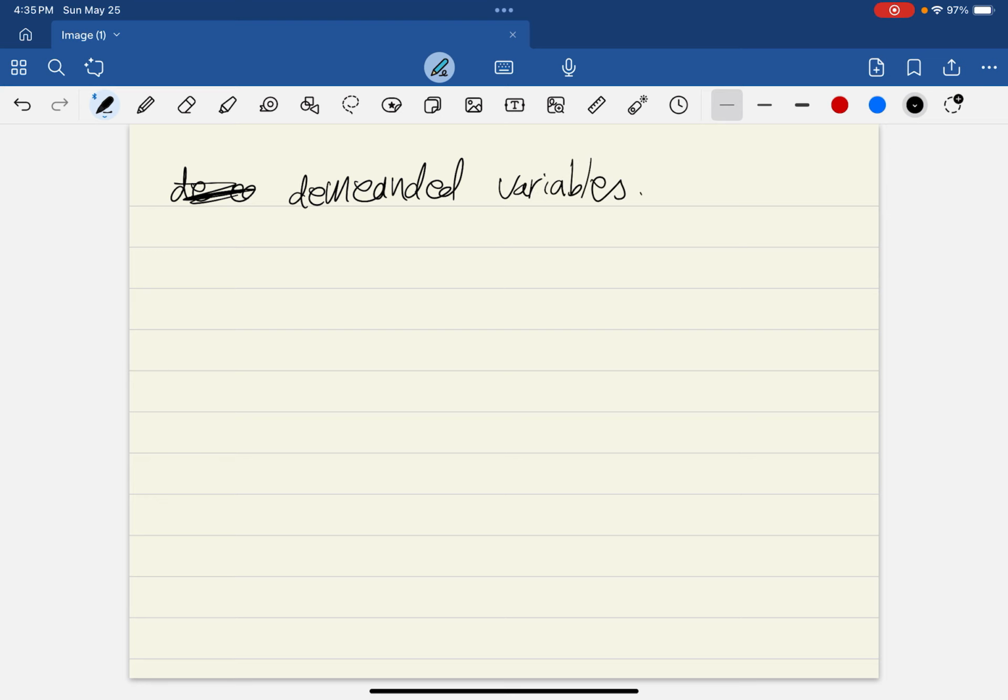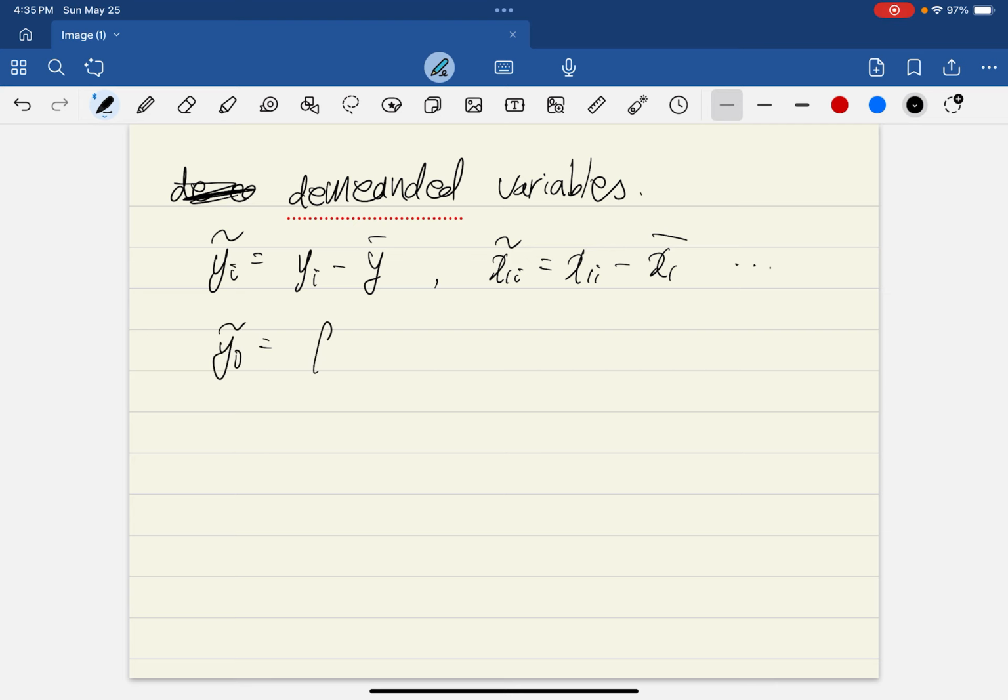right? So you may redefine, for example, yi tilde as yi minus its sample average, and x1 tilde as x1 minus its sample average. Like this way, then in homework 1, we learned we can rewrite the equation as something like this.